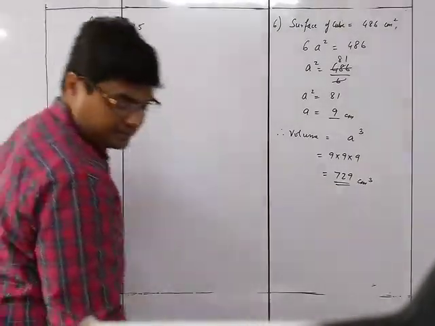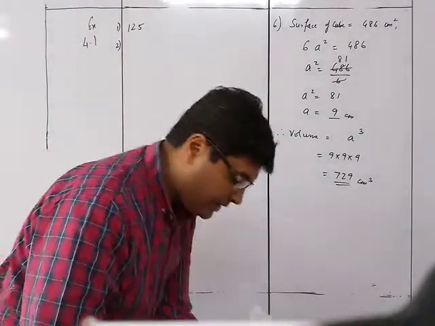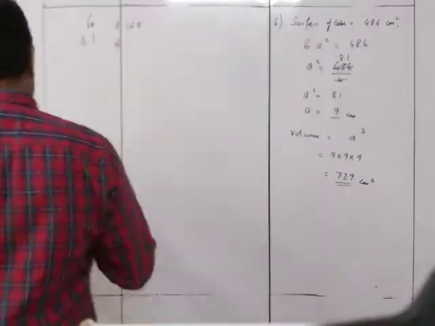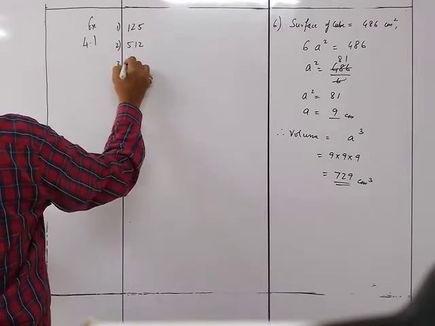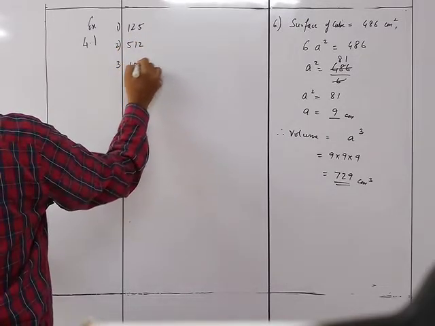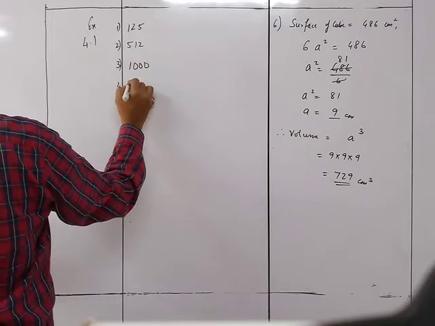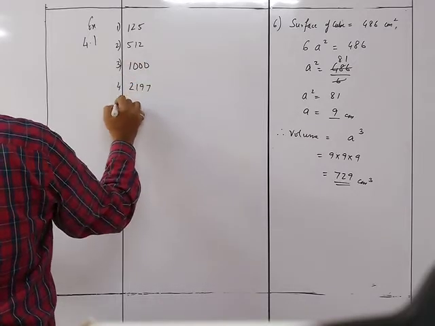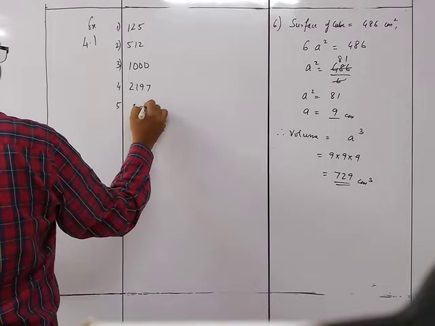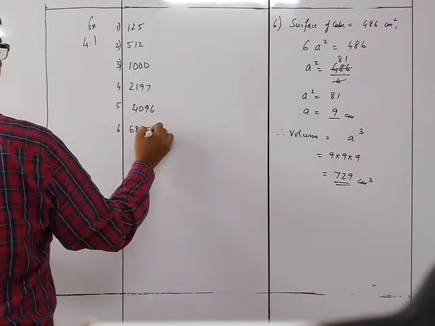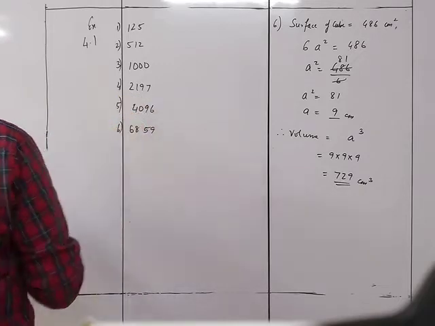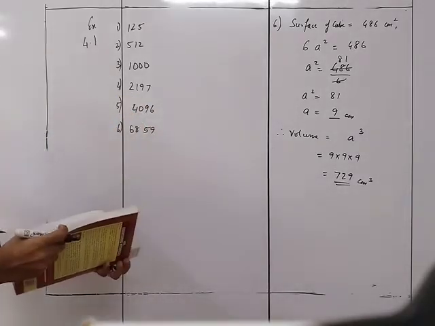Second is 512. Third is 1000. Fourth will be 2197. Fifth will be 4096. Sixth is 6859. You need to find out which of the cubes will be odd or even.